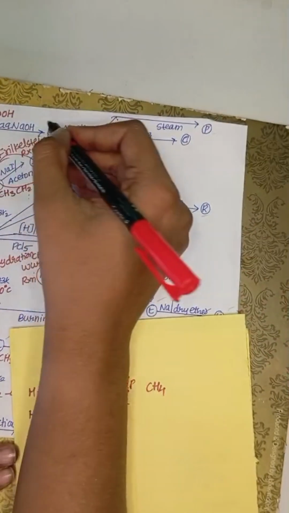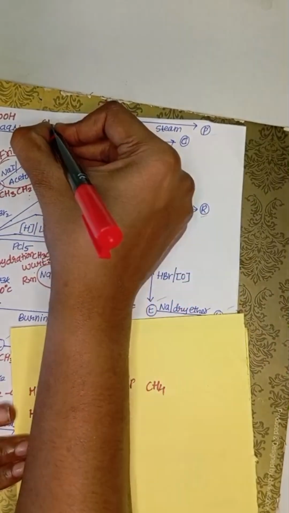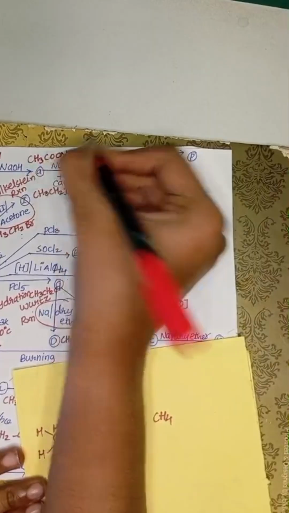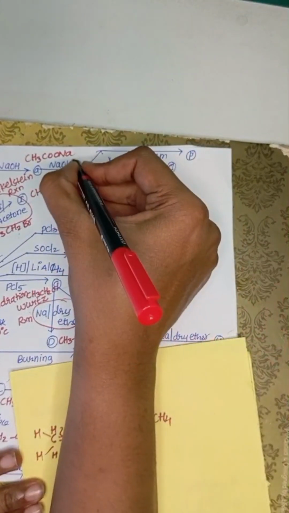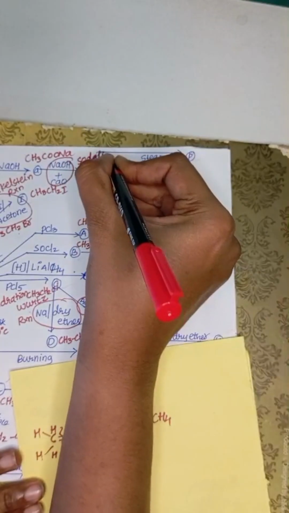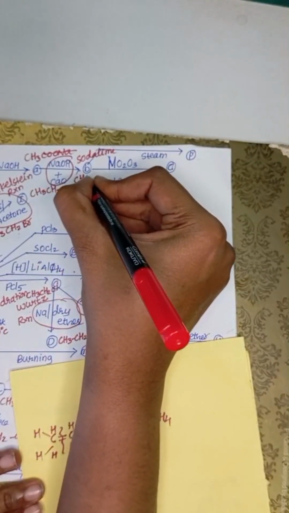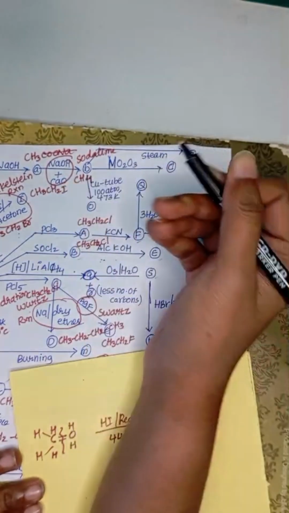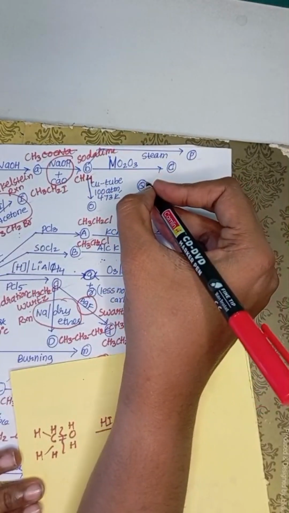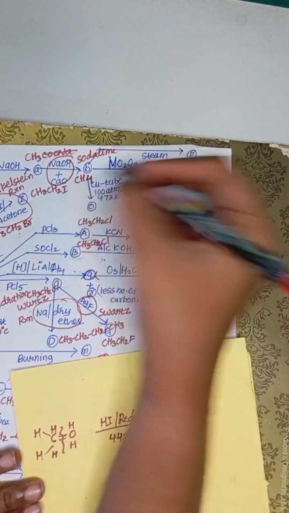When carboxylic acids are treated with alkali like aqueous NaOH, they form the sodium salt of carboxylic acid. The sodium salt of carboxylic acid is treated with soda lime, undergoes decarboxylation, and forms the corresponding alkane with one carbon less than the previous. So here sodium ethanoate can give you methane.